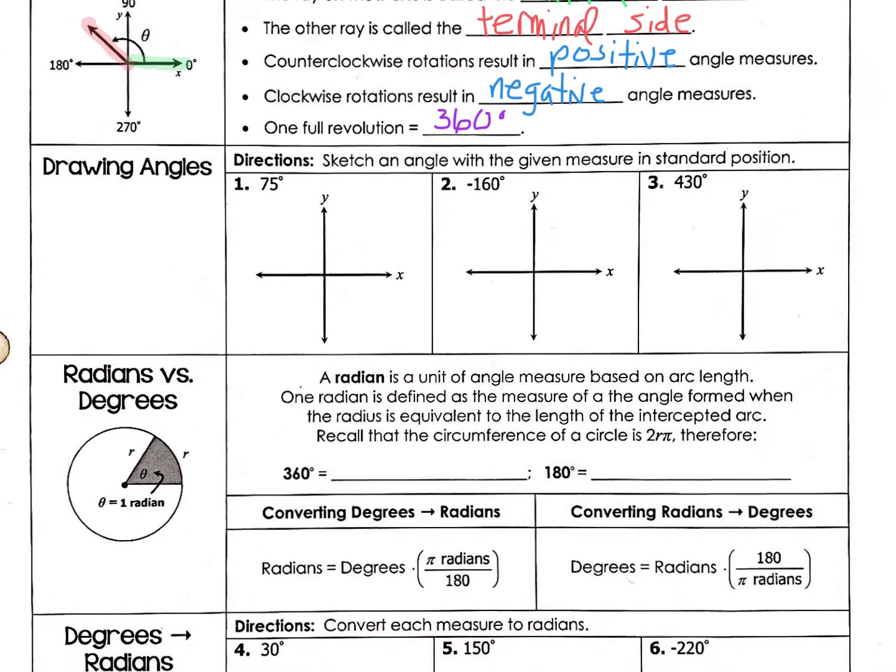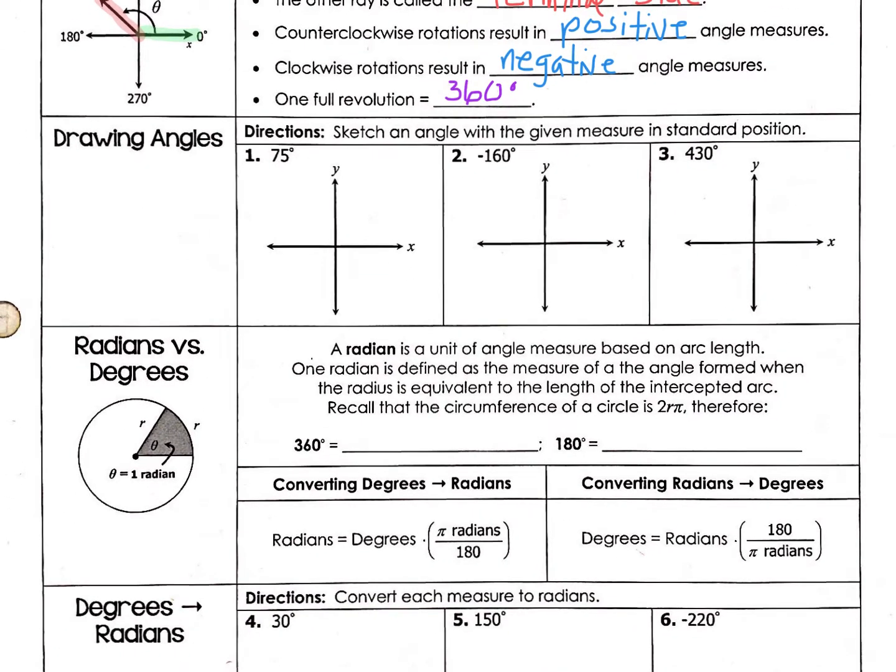All right, so we are going to draw angles in standard position, and the first thing you need to have memorized, learned, however you want to phrase it, is that at 3 o'clock, which is right here, is 0 degrees. And then we're going to move counterclockwise, and as we reach the top of the y-axis, that is 90 degrees because that's a quarter of the way around the circle.